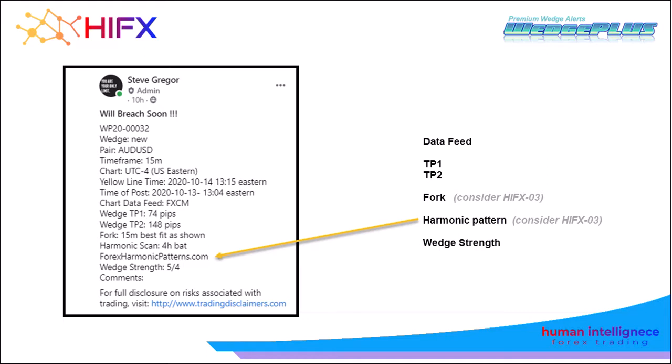All right, what else? Wedge strength. Now, this is really cool. You will not see this anywhere else. This only comes because wedge traders understand the technicals of what a wedge really is, and how to put probabilities on whether I want to mess with this one or just wait for a better trade.